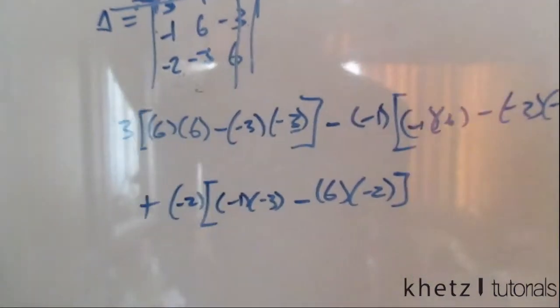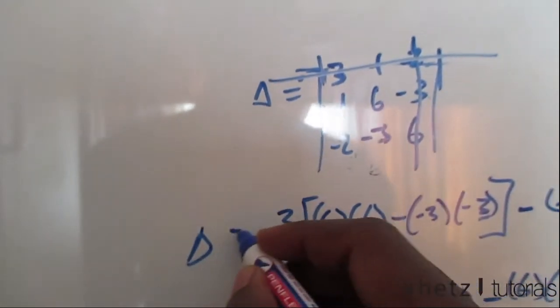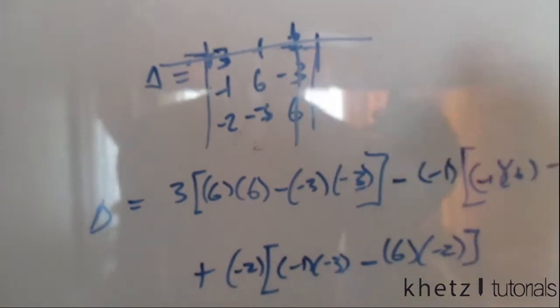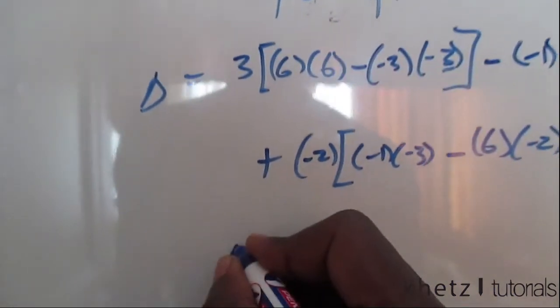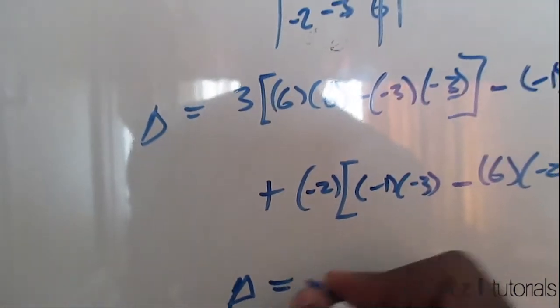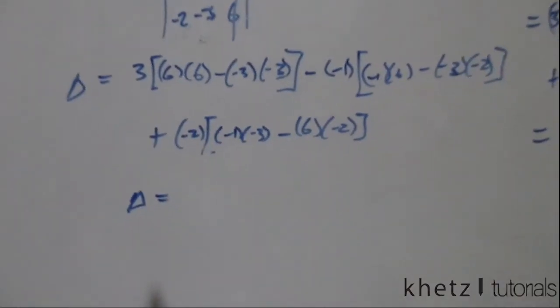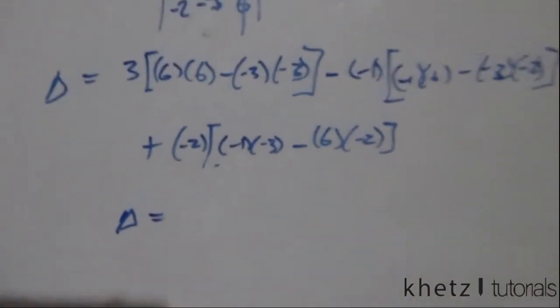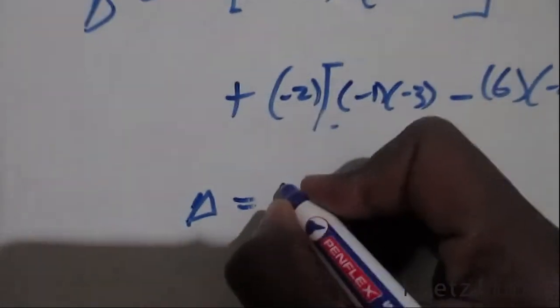And then just punch this into your calculator to find the delta of the A matrix. Punching this into a calculator will give you the determinant as 39.